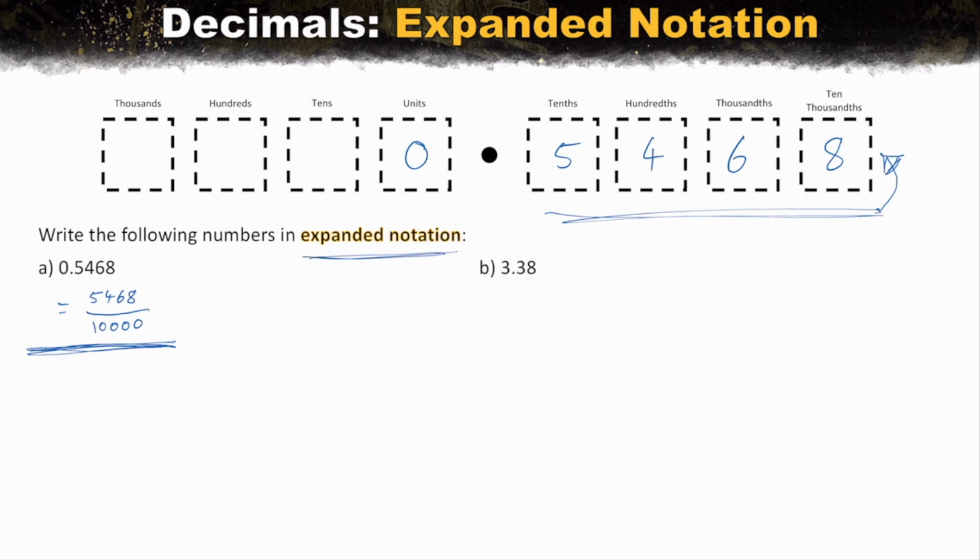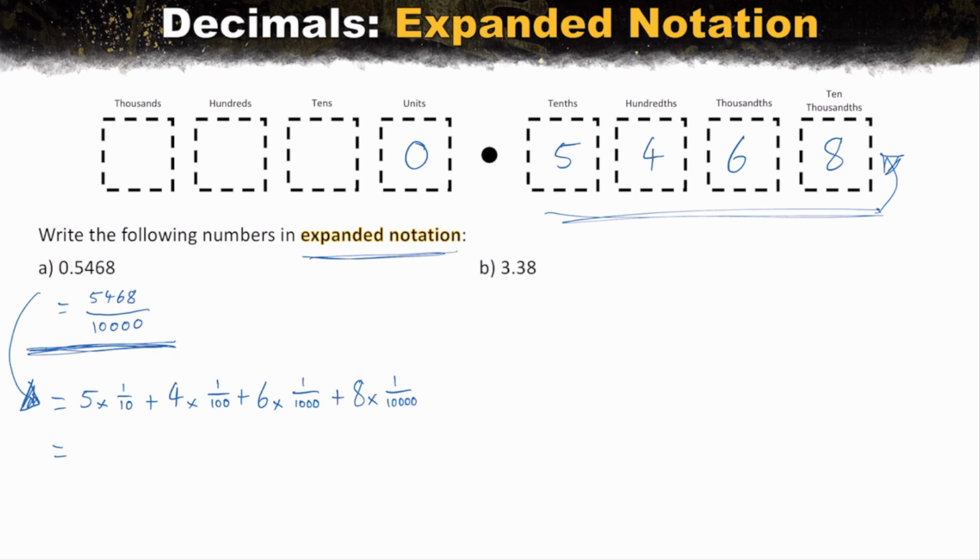However, it wants us to write it as expanded notation. So what this problem actually wants us to do is break it up into its tenths, hundredths, thousandths, and 10,000ths. So this equivalent is we've got 5 lots of our tenths, 4 lots of our hundredths, 6 lots of our thousandths, and 8 lots of our 10,000ths.